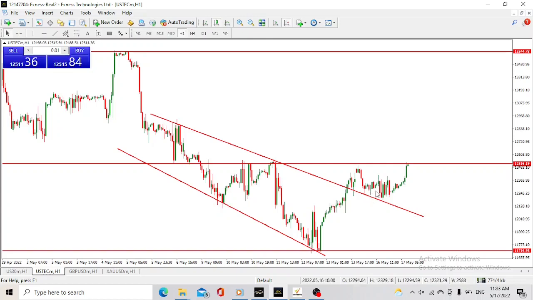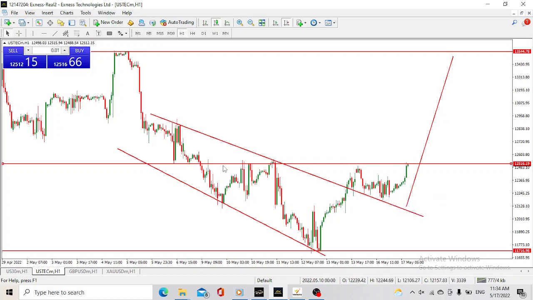So you will say the market will continue to go to the upside, because of the head and shoulder and the breakout retest. This is where the market broke, and this is the retest.